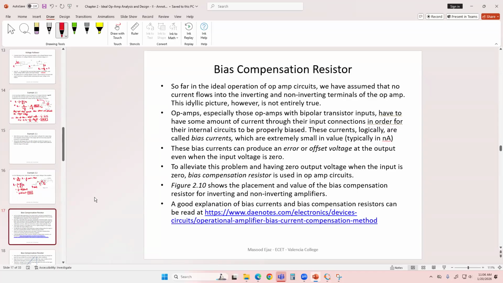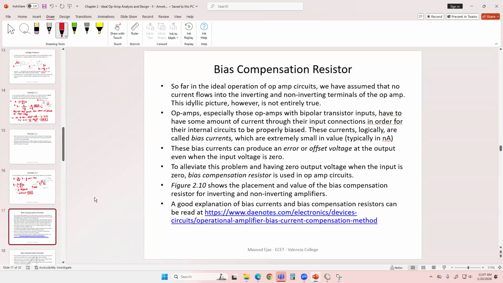But operational amplifiers, as you saw earlier in the picture, have bipolar junction transistors at the input. Those bipolar junction transistors do have some current going through their bases. Because of the positive and negative biasing of the circuit, you have some base current going in the circuit, which are the bias currents.